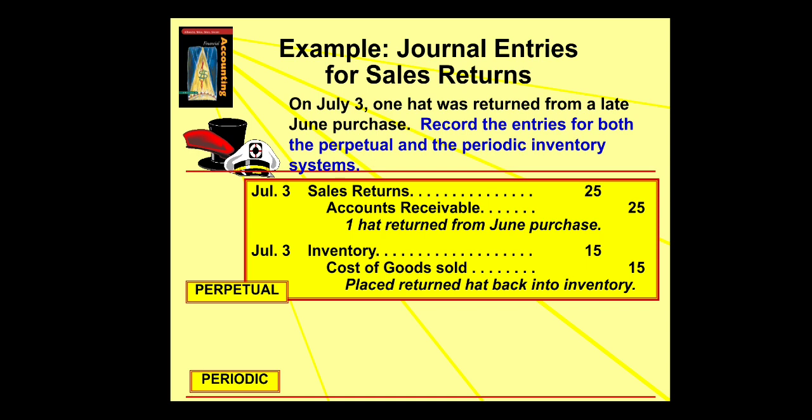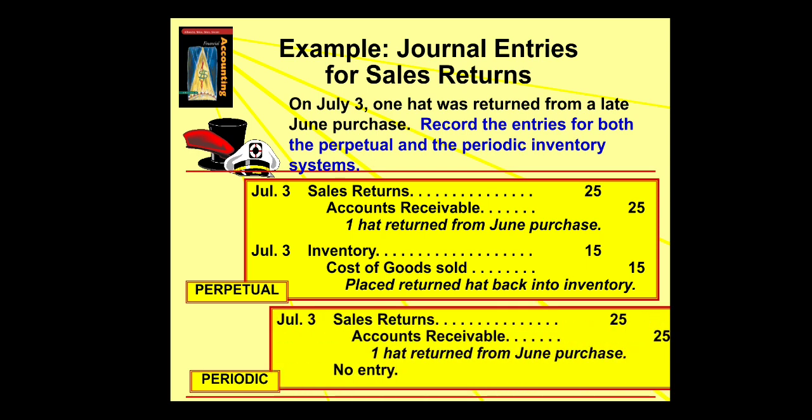So debit inventory. At the same time, the business has to reduce the account cost of goods sold. Remember, when the business sold the hat, the business had to increase the account cost of goods sold. Now the customer returns the hat, so the business has to reduce the cost of goods sold. So credit account cost of goods sold $15.